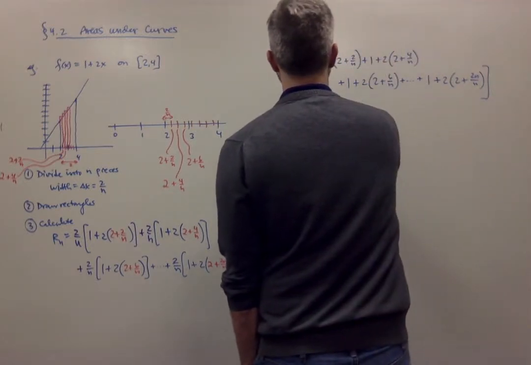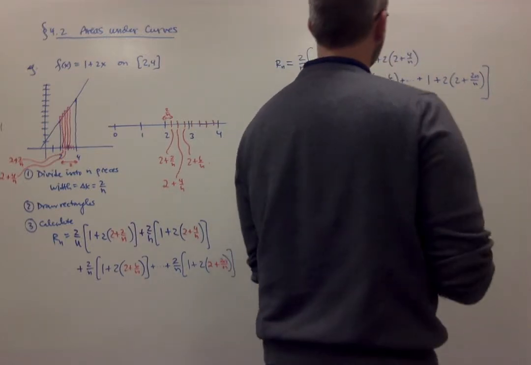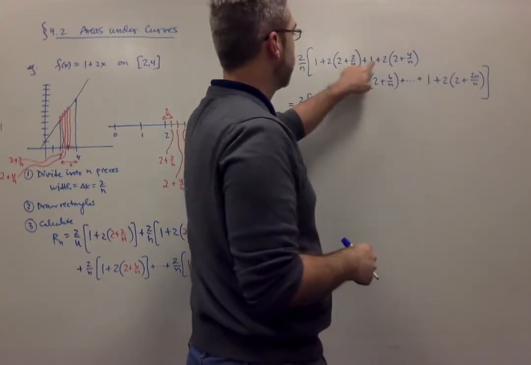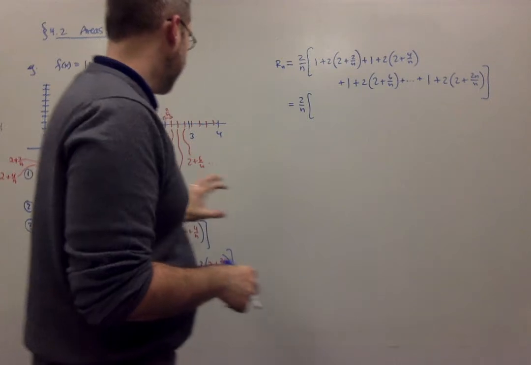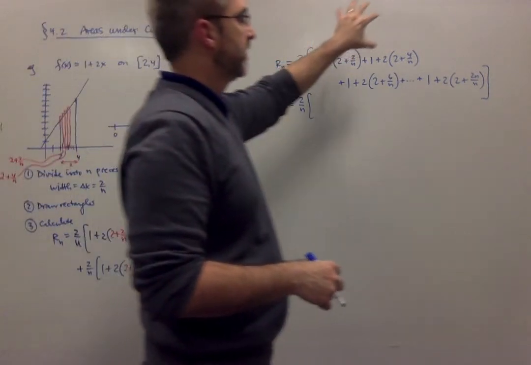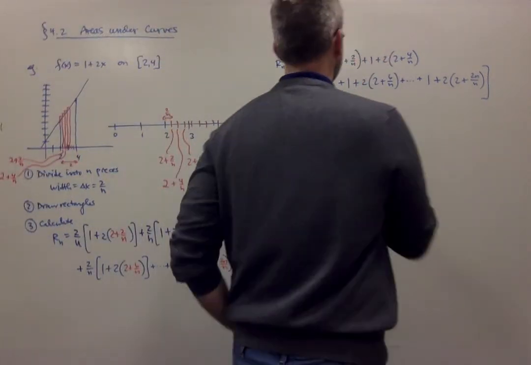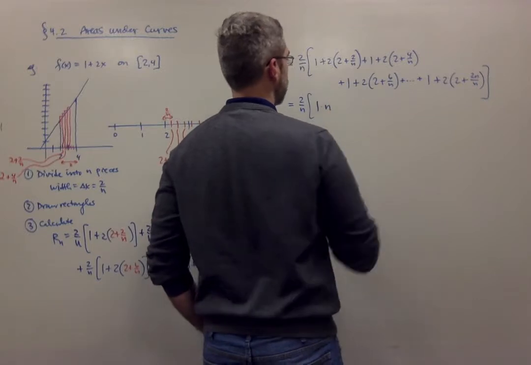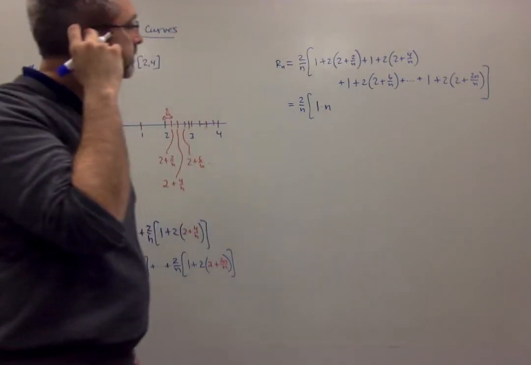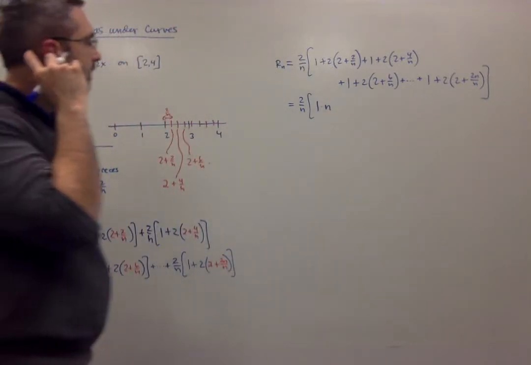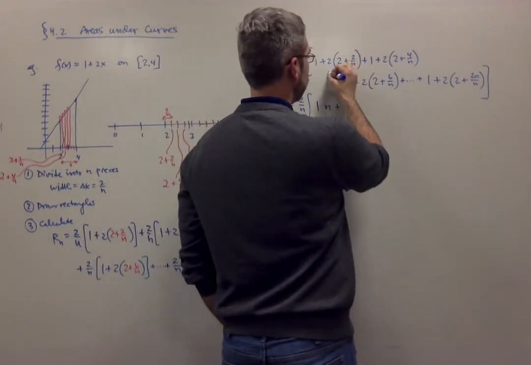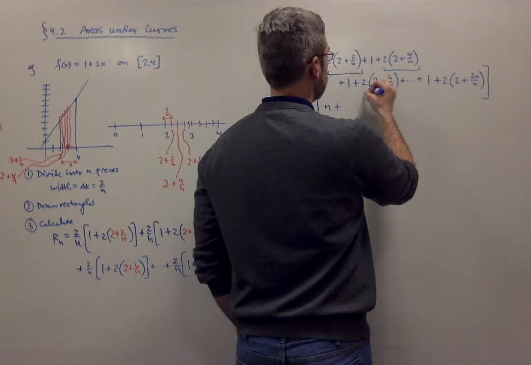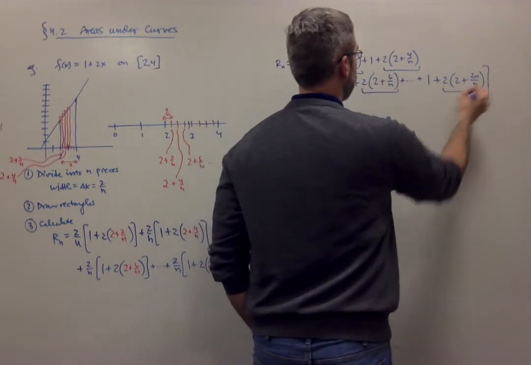So let's think about how we can clean this up some. Number one, we have a bunch of 1s again. We have n rectangles, and each one of those rectangles had a 1 showing up. So we've got n copies of 1, so let's leave that. Okay, everything else, this right here, this right here, this right here, and this right here, has a 2 on it.